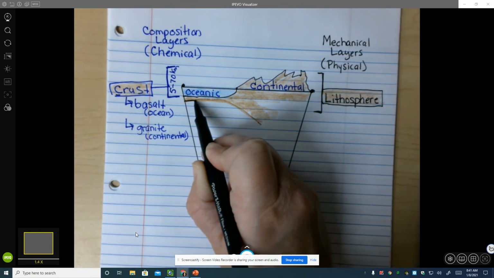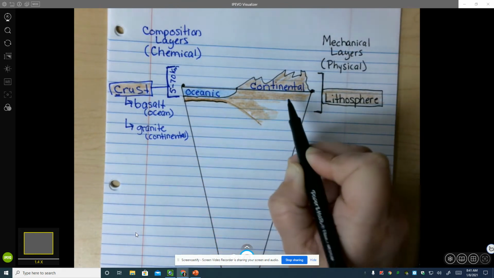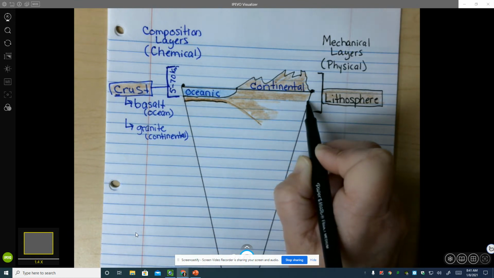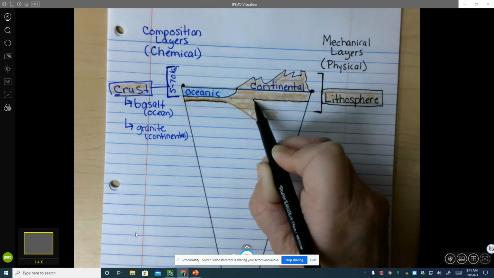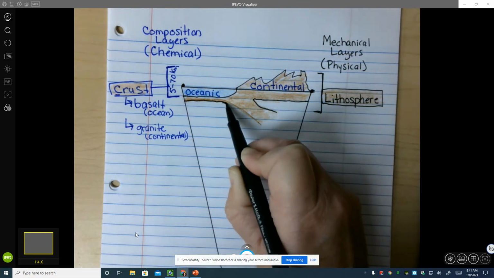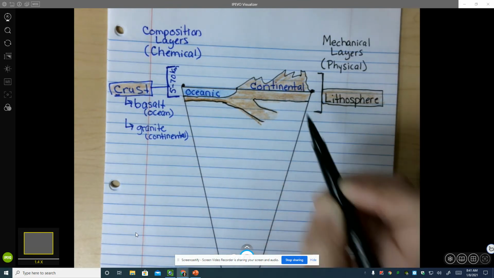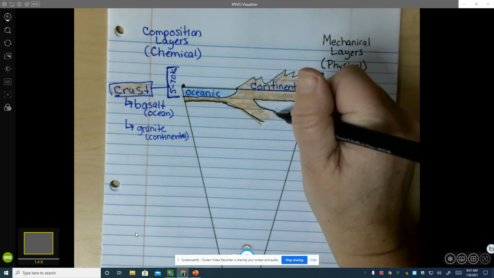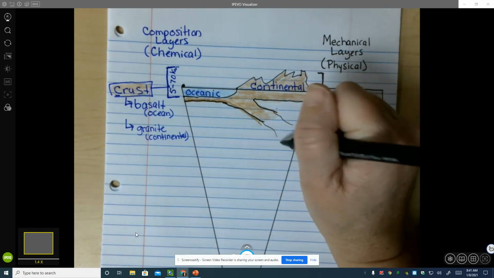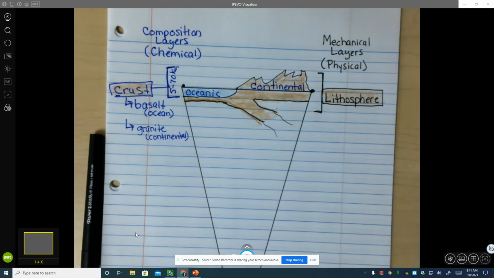I'm going to outline that in black, or pencil, whatever you have. Just kind of disappears eventually. All right. Beautiful.